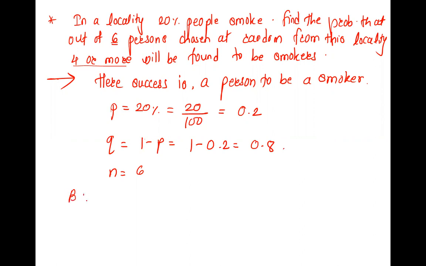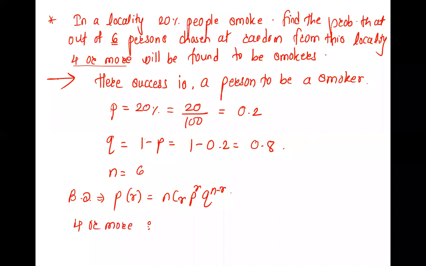So the binomial distribution formula is NCR, P raised to R, Q raised to N minus R. And what is the condition here? 4 or more is the condition. Means R is greater than or equal to 4, 4 and more than that.